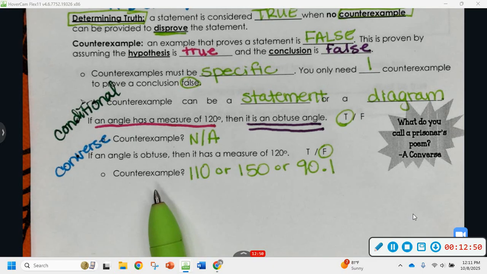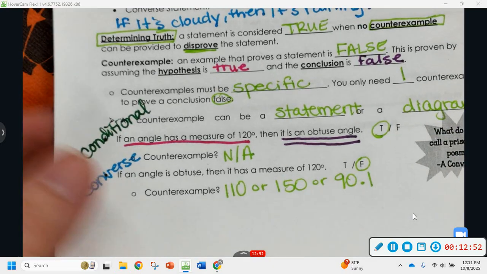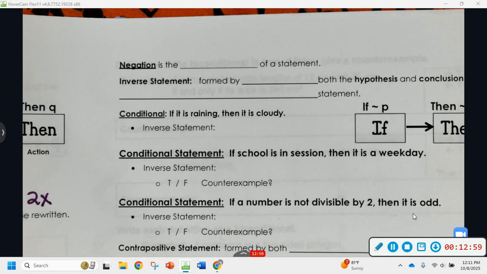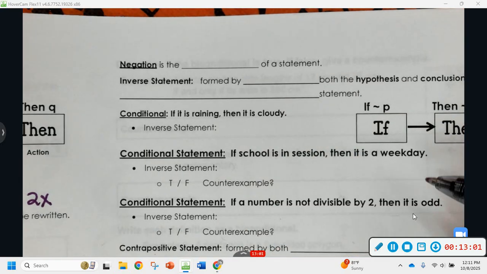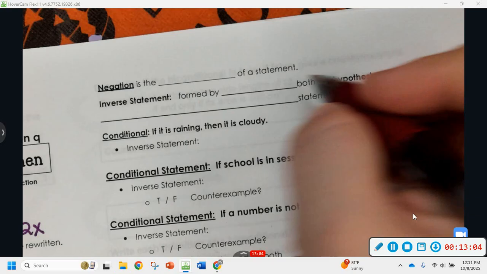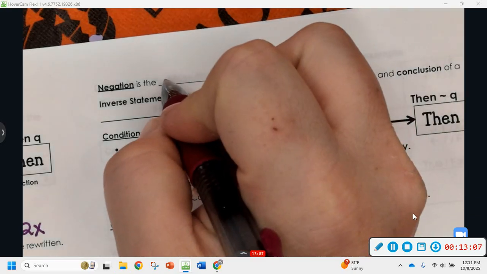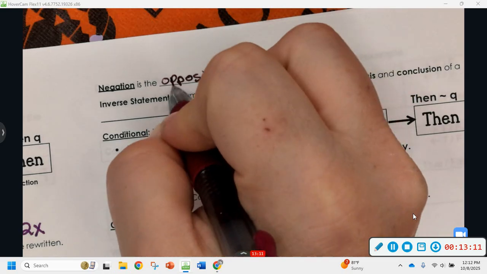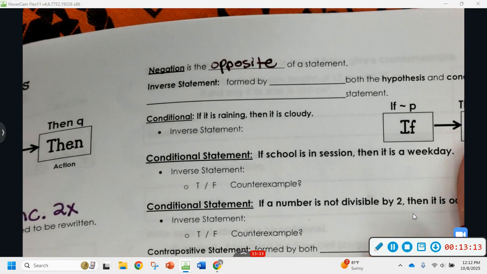All right, so now on this other side, we have the negation of a statement. To negate a statement is to say the negation of a statement is the opposite meaning of that statement.